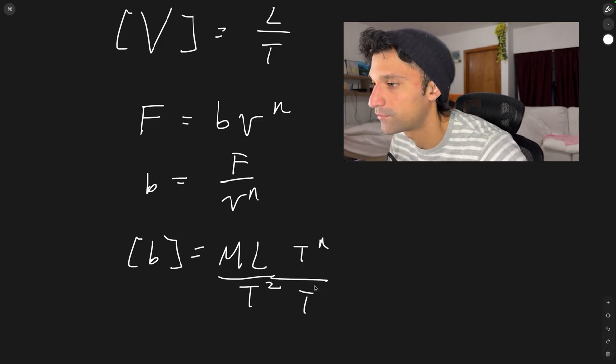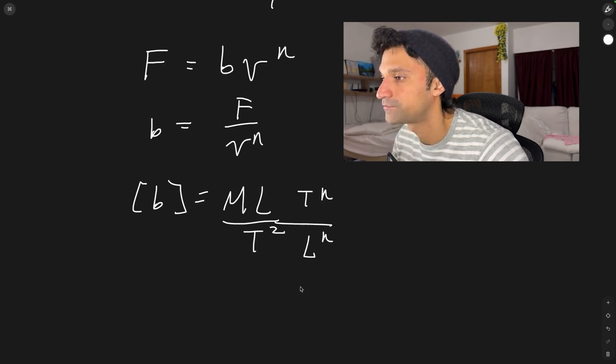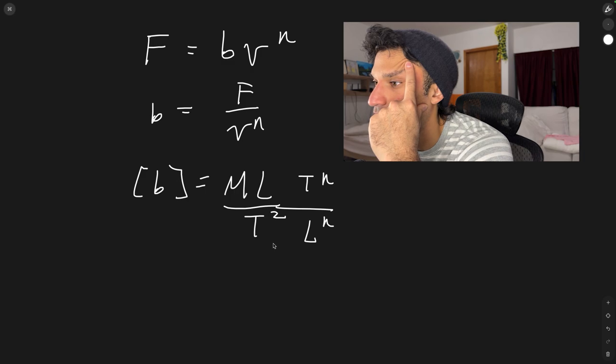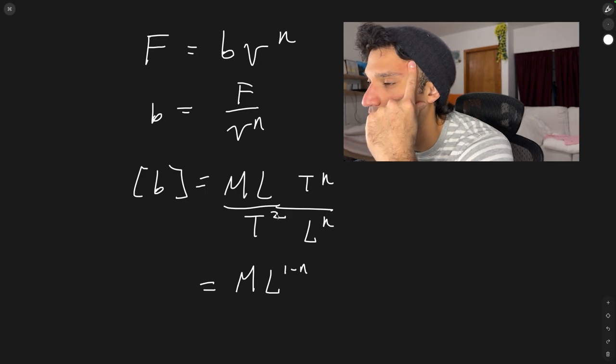Time over length, and of course we have an n here. So this can be simplified. This L to the n causes that 1 here to be subtracted by n, right? So we have m L to the 1 minus n. This square here causes this n to be subtracted by 2.